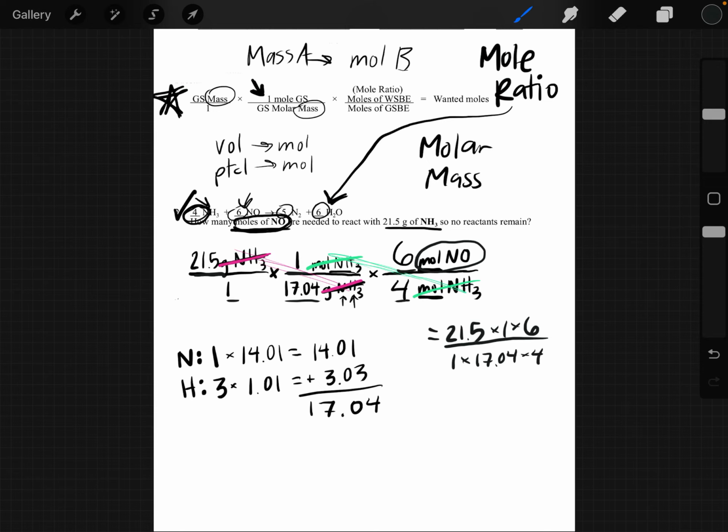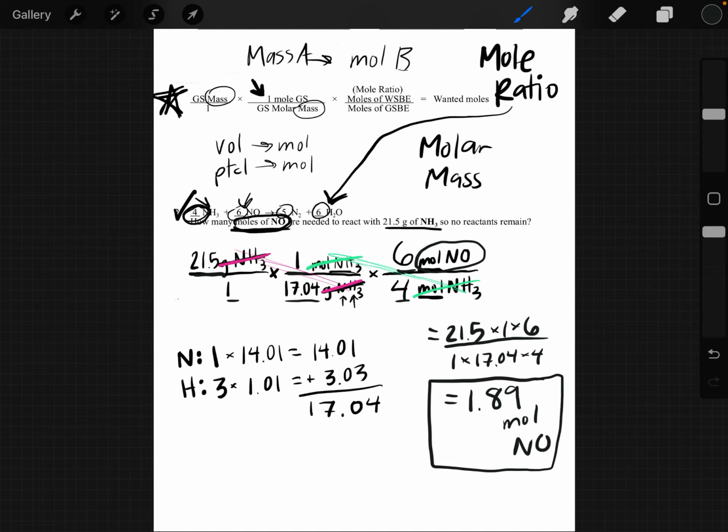And when I plug that into my calculator, this is really going to be embarrassing if it's wrong, so I'm going to take a second to double check. Okay, my calculator has told me twice that it's 1.89 moles of nitrogen monoxide.